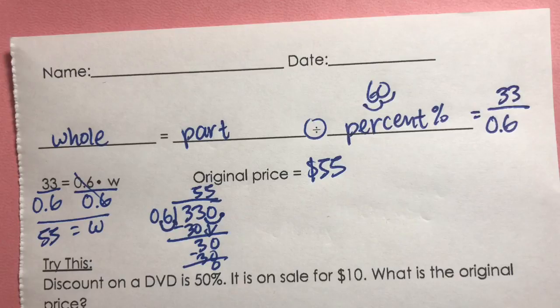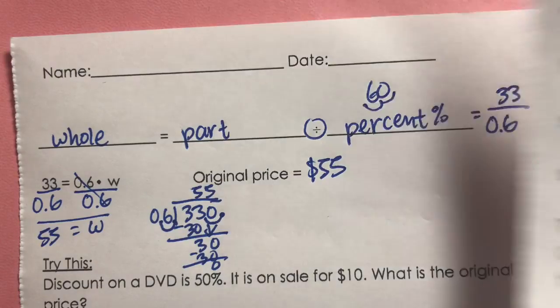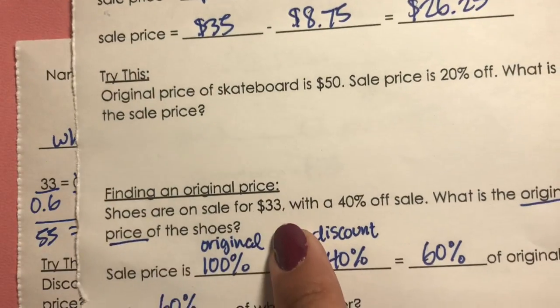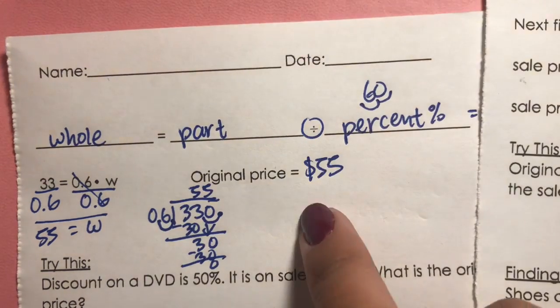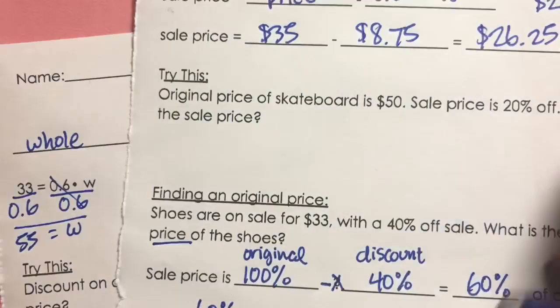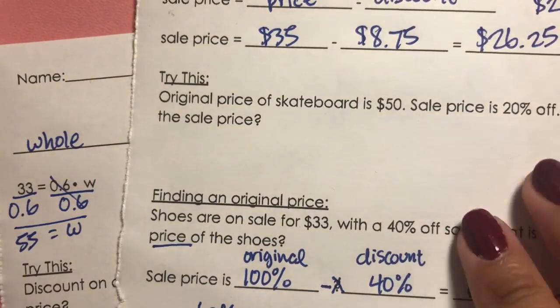Let's say the shoes are on sale for $33, what would be double that price? Well, it's $66, right? So we come to 55 because it's not quite 50% off. We have a 40% off sale.